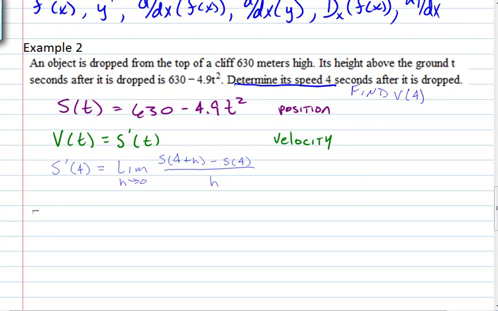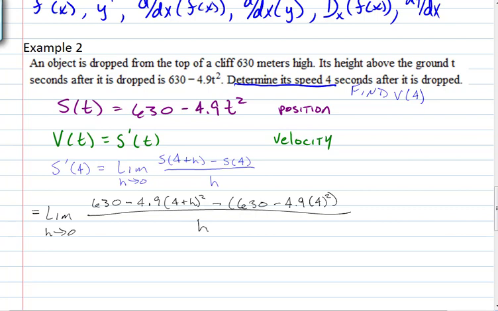This is going to be the limit as h approaches 0 of 630 minus 4.9 times (4 plus h) squared minus (630 minus 4.9 times 4 squared) all over h. Any questions about how we got anything up here? Got to make sure you can follow the algebra.